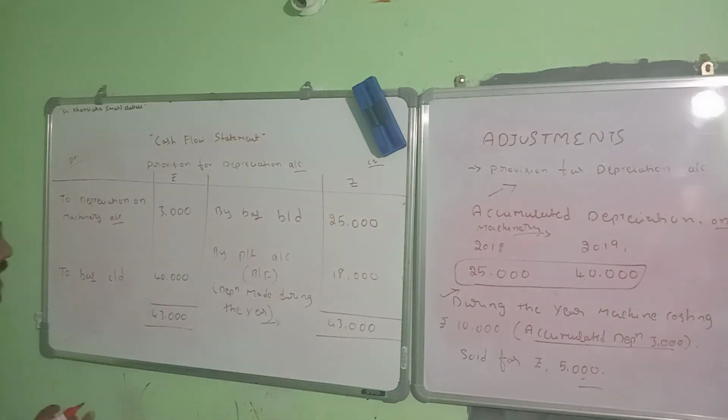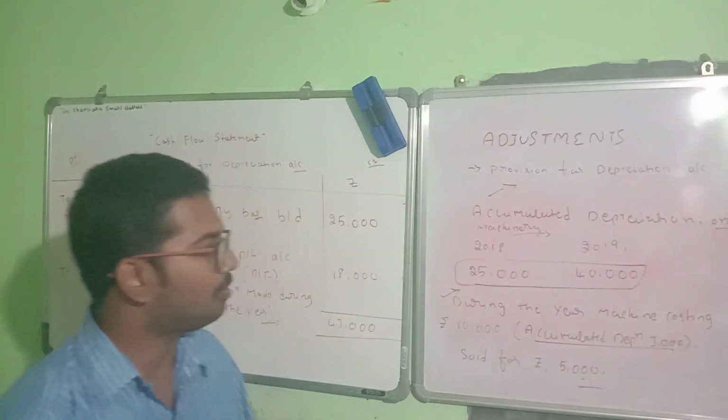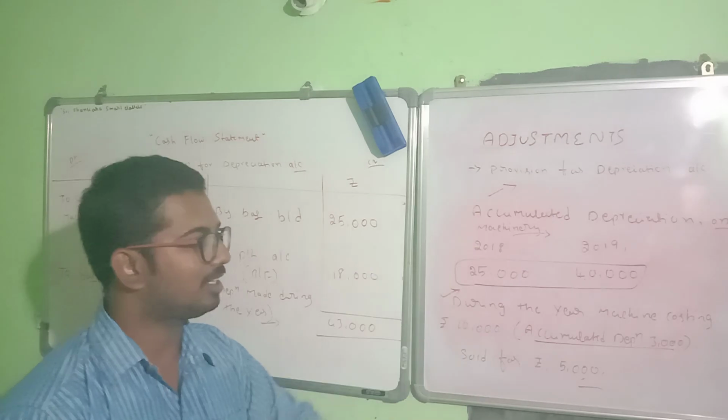See, when preparing any accumulated depreciation account or provision for depreciation account, first step you need to take down the opening and closing information.